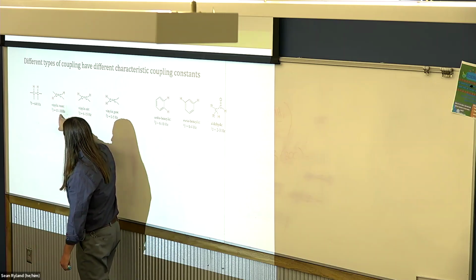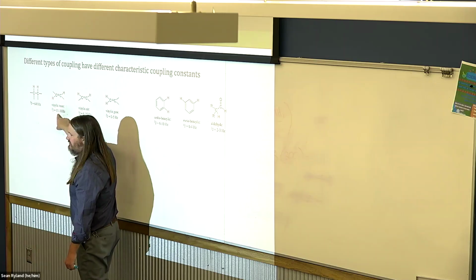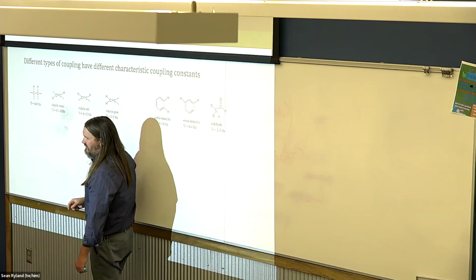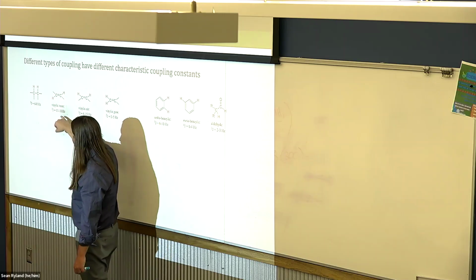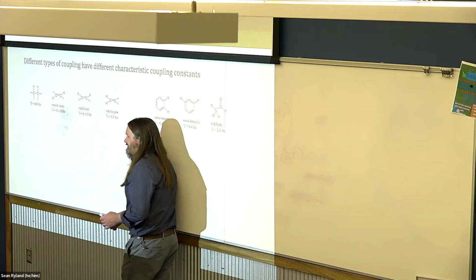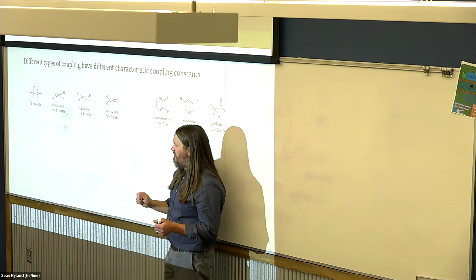Because if they're vicinal trans, you get something in the 11 to 18 hertz range, versus if they're vicinal cis, you get something between 6 and 15. Now, obviously, that's not perfect because there's overlap, but it definitely could be a way that you can tell the substitution.